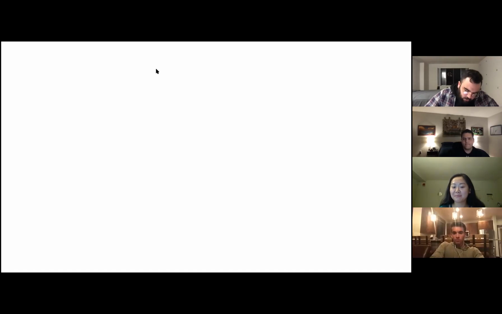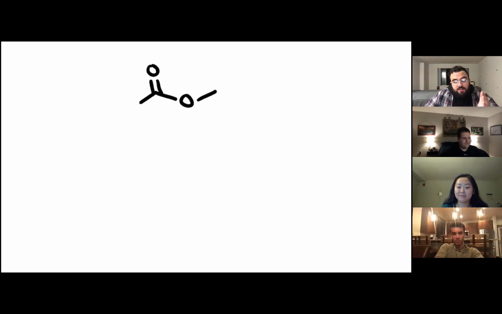Okay, so for knowing how to orient esters in proton NMR, as I told you guys earlier, if you know how to read your shift table, then this should be not that bad for you.